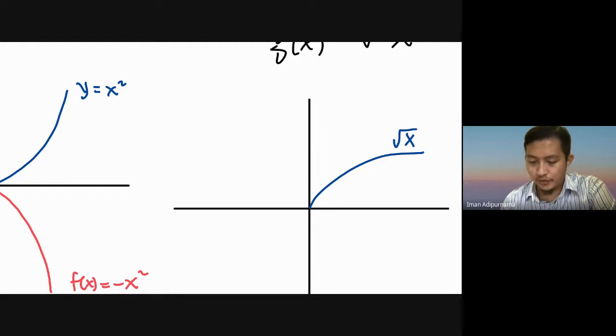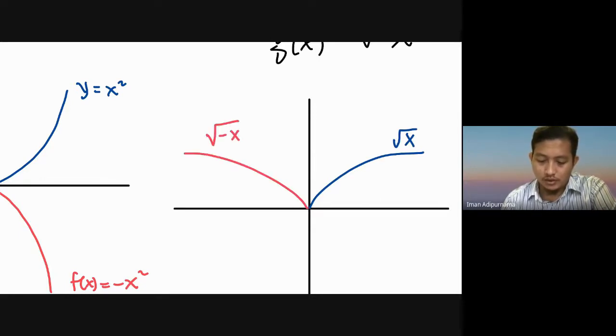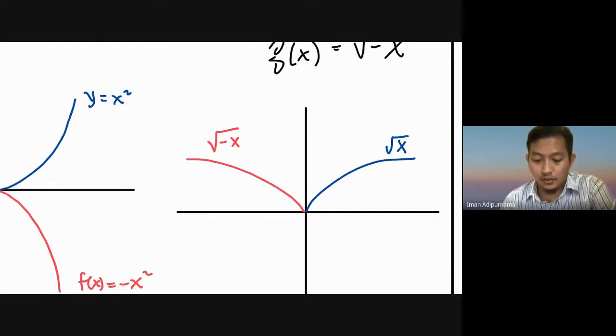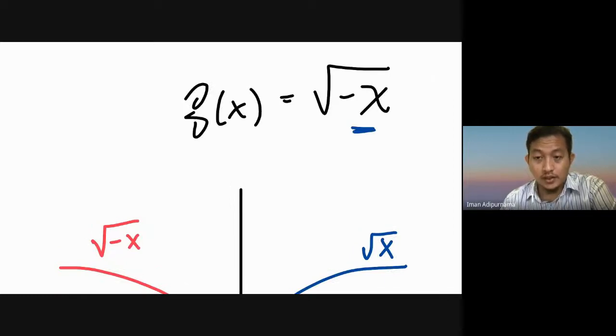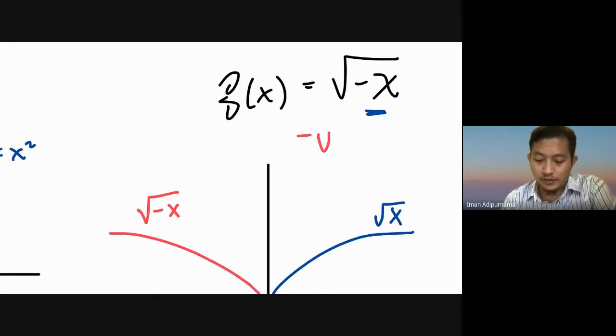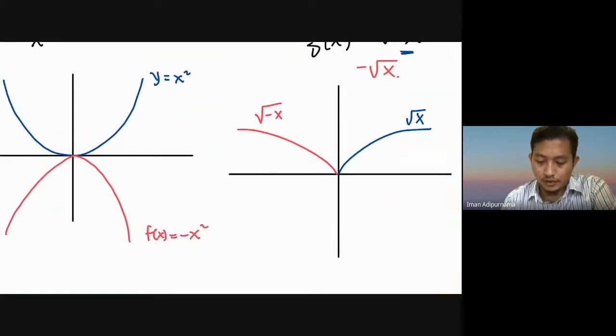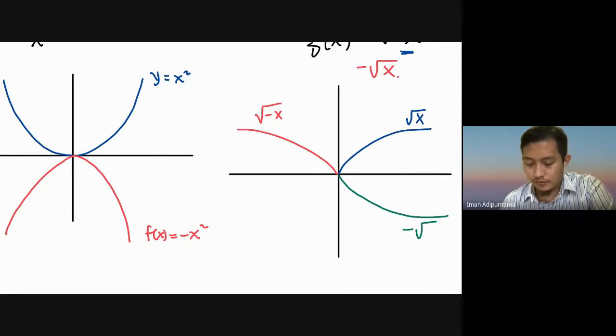This is the square root of x, and this will be the square root of negative x. We are mirroring through the y-axis because the negative is inside the function. It's only the x that is negative. It will be a different case if you have negative square root of x. If this happens, then this will be your answer here. Okay, hope you get the idea.